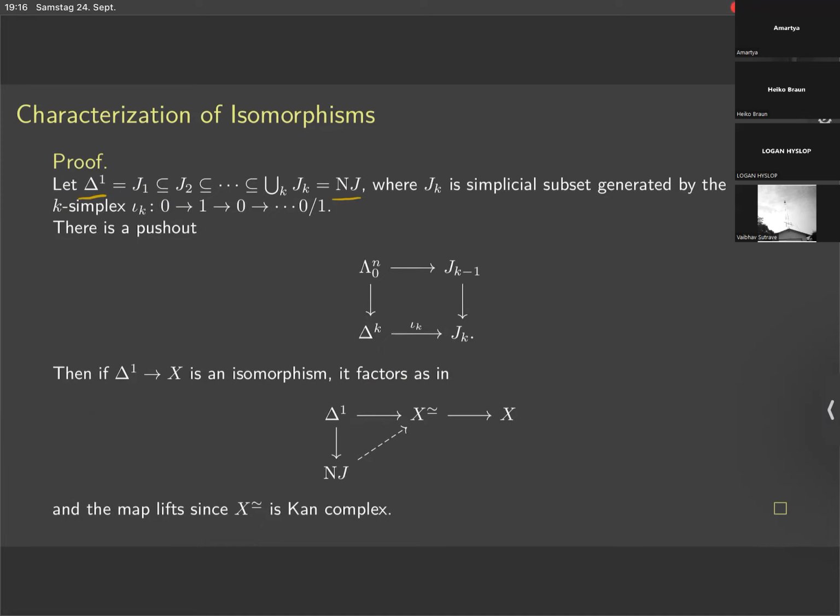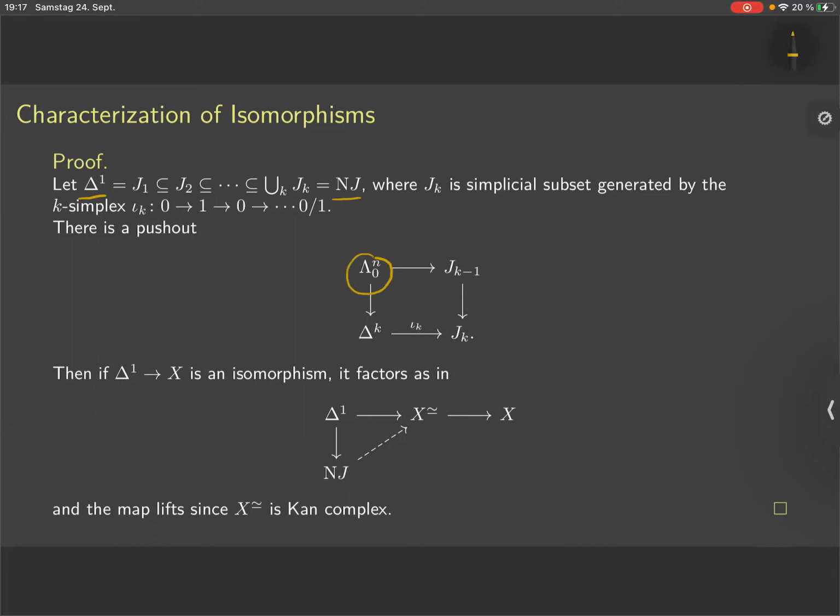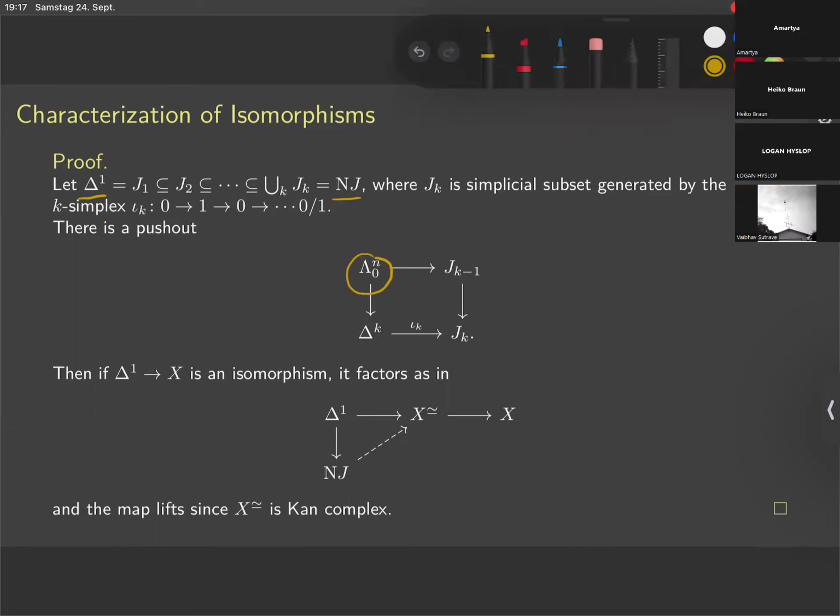And then one can check that from this we get pushouts like this, that we have always some outer horns, which we do a pushout with. And then we land in the end from Jk-1 to Jk.